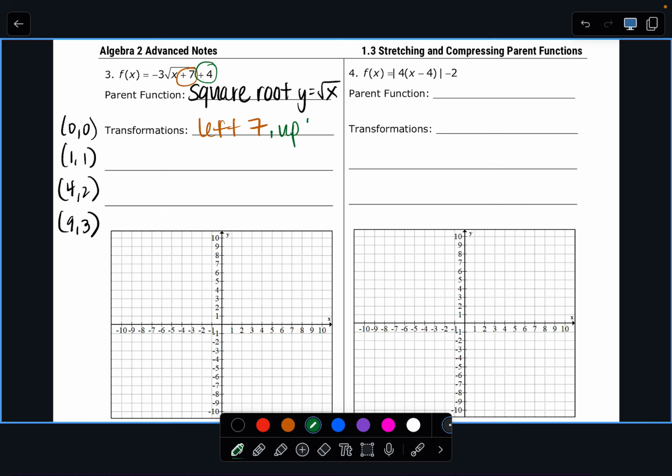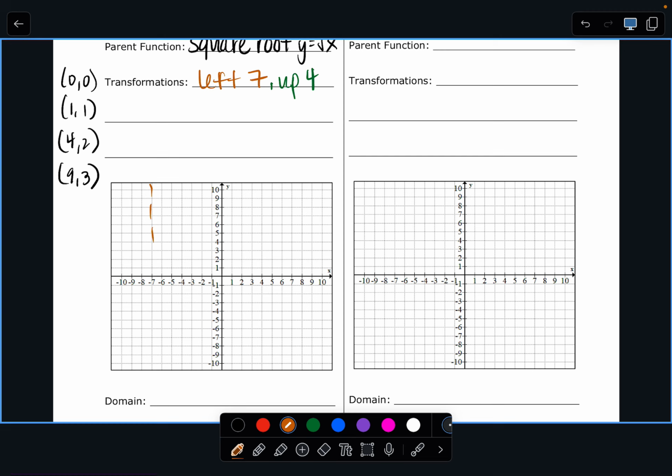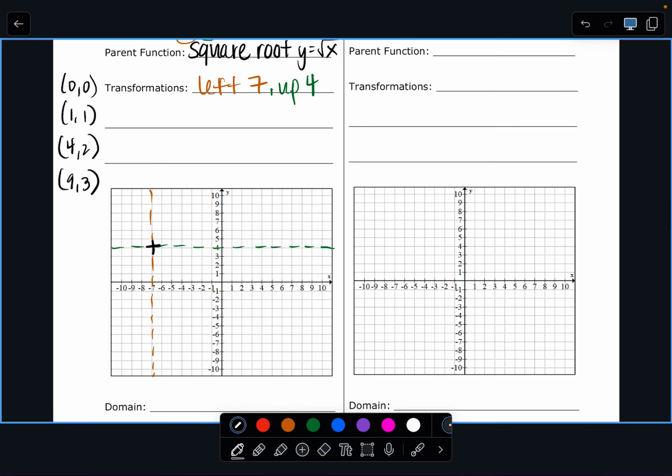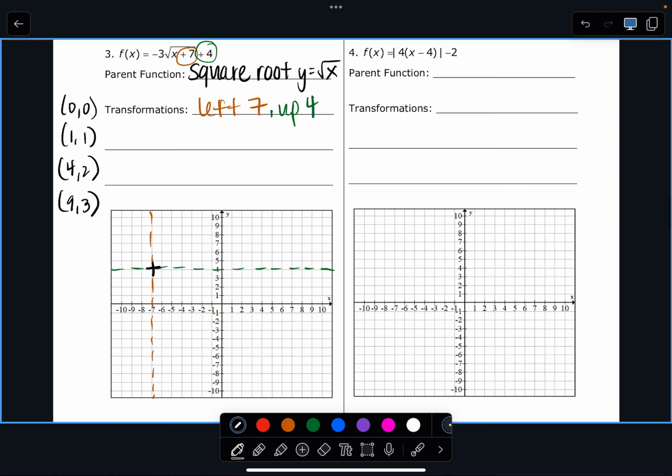So I'm going to go in, left 7, up 4, and draw my y-axis and my x-axis. And again, this new intersection is going to become my new origin. Now, this particular function has 2 other types of transformations. The big thing that I want you to know, you cannot say vertical stretch of -3.